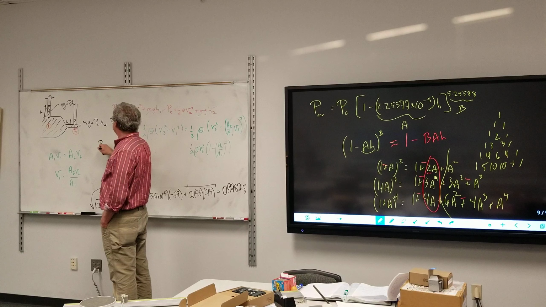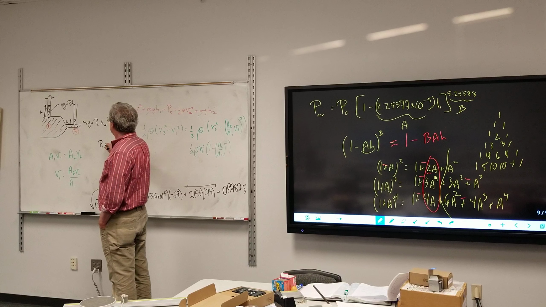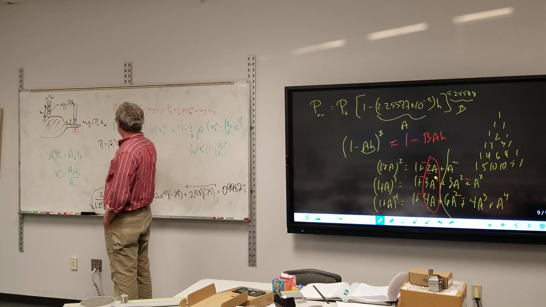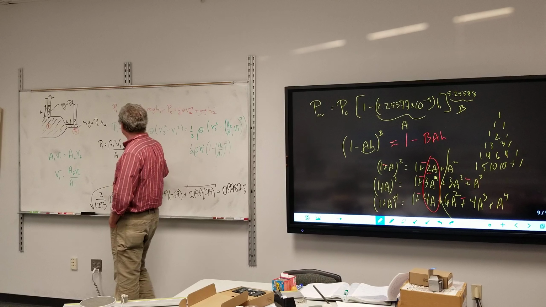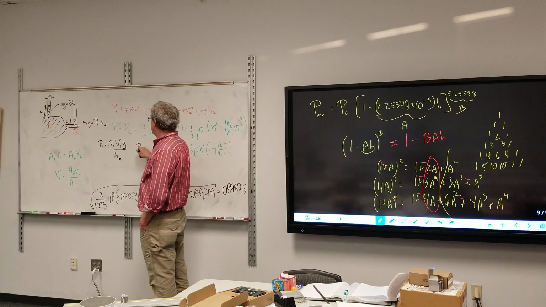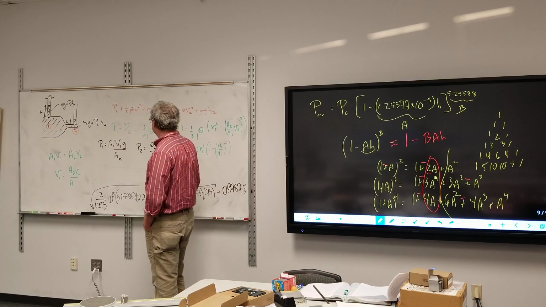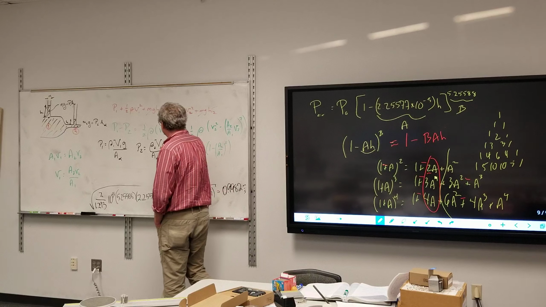So P1 is equal to density 1, volume 1, g over A alpha. P2 is equal to density 2, volume 2, g over A alpha.